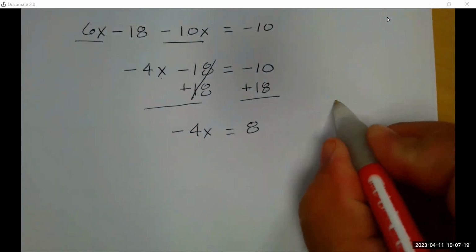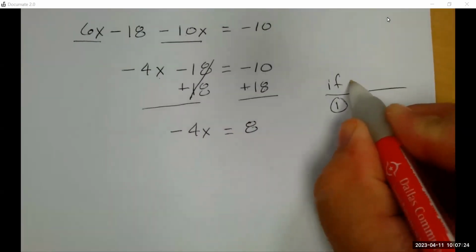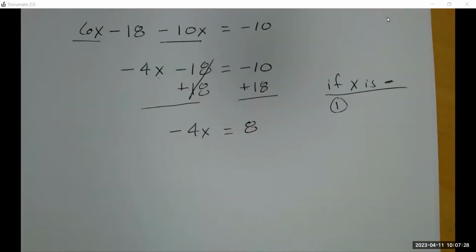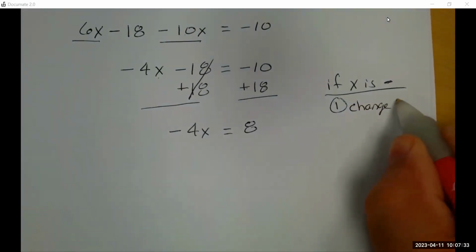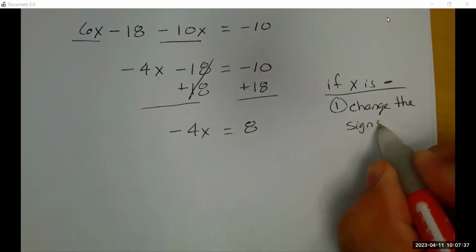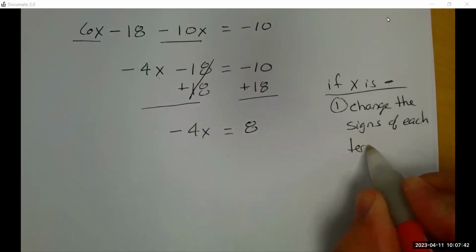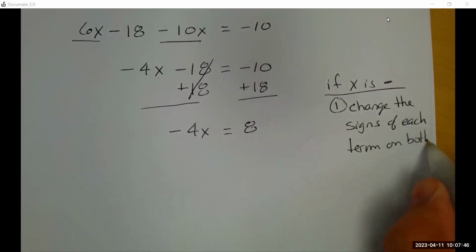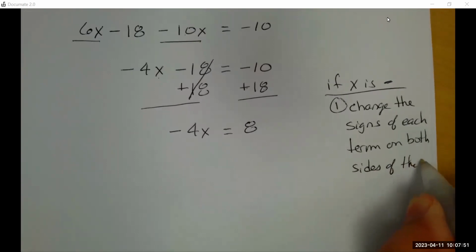So if x is negative, change the signs of each term on both sides of the equal sign.